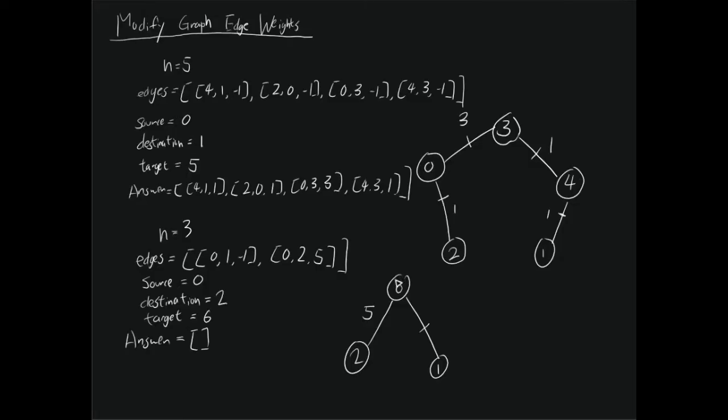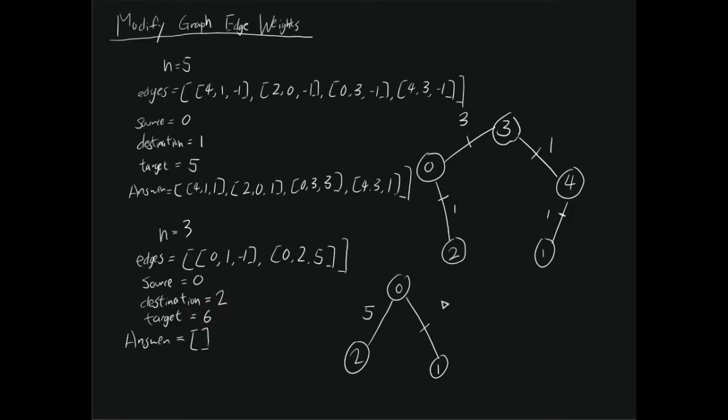Now, if we convert the edges into a graph, it will look something like this. From 0 to 2, the weight is 5, and from 0 to 1, there is an edge that we have to set. We are going from source equals 0 to destination equals 2, and the target we want to reach is 6.